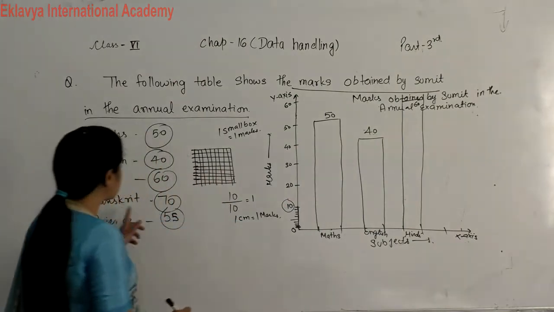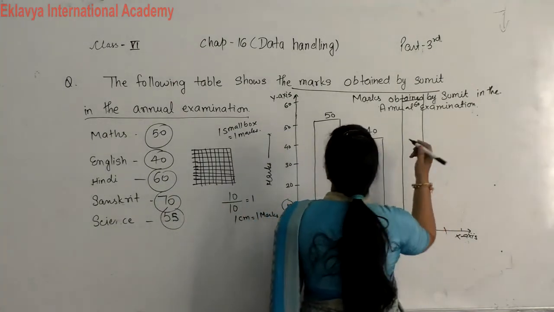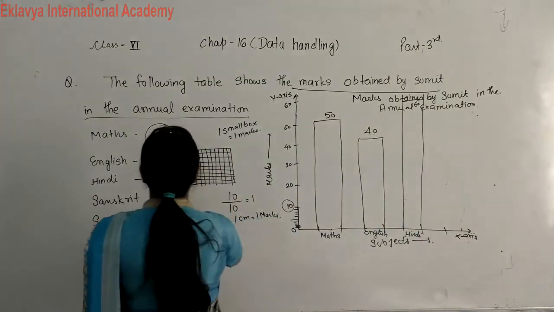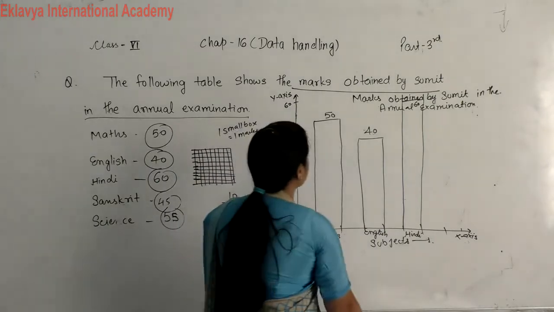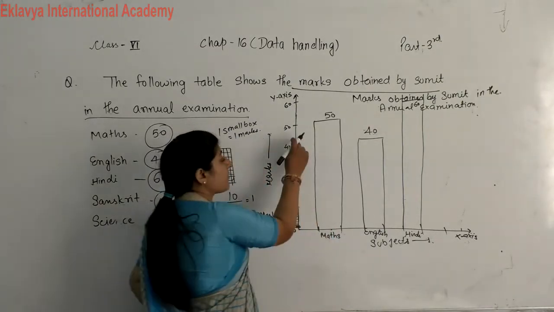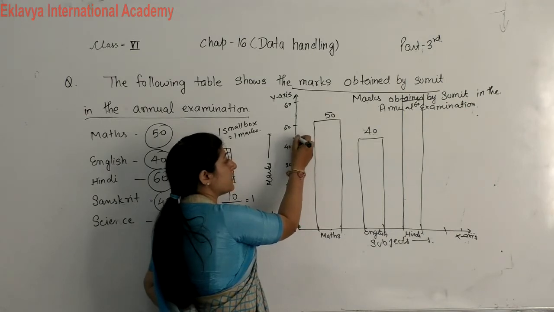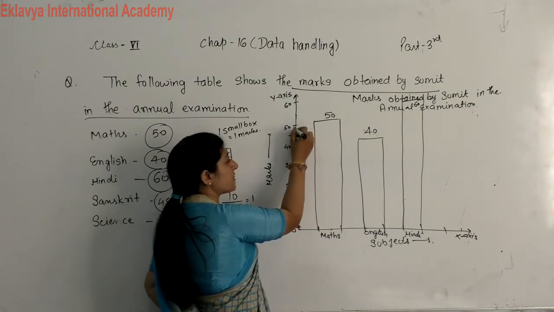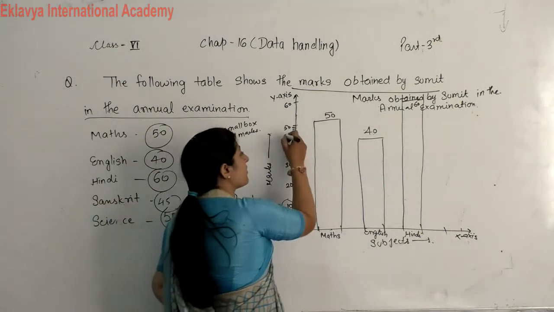Similarly, Sanskrit 70. Leave this gap. Suppose I take Sanskrit 45. Now see, after 40 and 50 there are 10 parts: 41, 42, 43, 44, 45, 46, 47, 48, 49, then 50. So which one is 45?